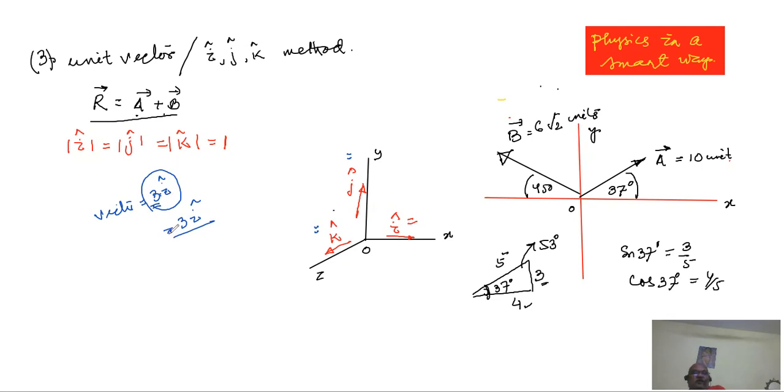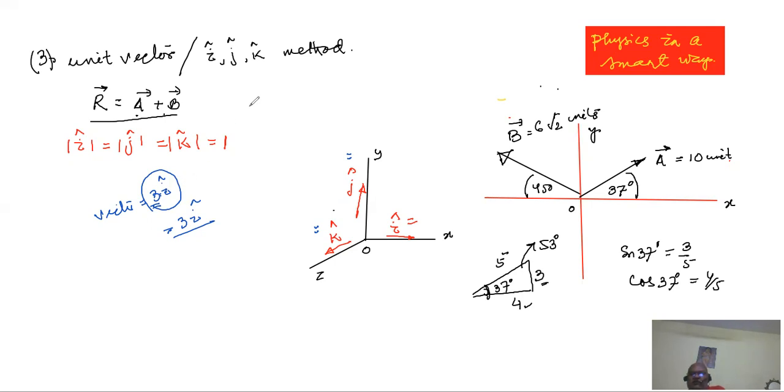And one question here can be, what type of vector will this I cap, j cap, k cap be, or when you multiply them by some number, what type of vector you are going to create. My answer will be any type of vector they can be. They can be velocity, they can be forces. Basically, they assume the nature of the physical quantities of the vector given by your question.